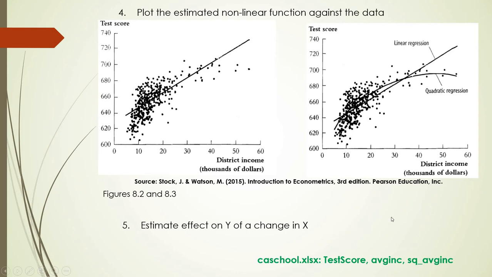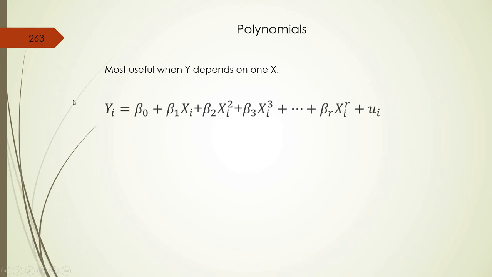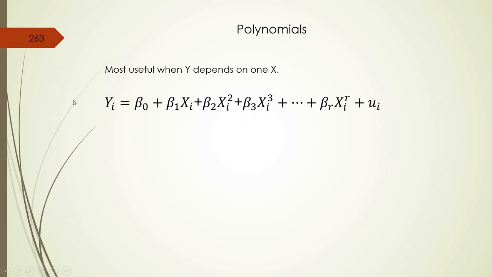Okay, you already saw the example. Let's continue. What if we have even greater polynomials? Most useful is when y depends on one x, but I already told you that you can have more independent variables here. They do not have to be polynomials; they can be linear.